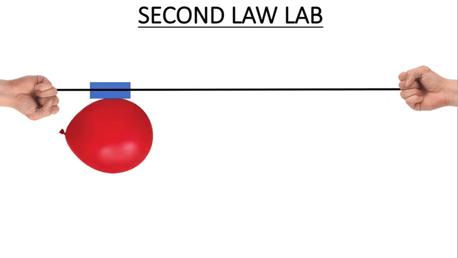You're going to be repeating this 4 times with different amounts of air and different amounts of mass. When the lab says to blow the balloon up halfway, it actually works best if you blow up the balloon as little as possible. So just barely blow up the balloon enough that the plastic starts to stretch, and that's enough.